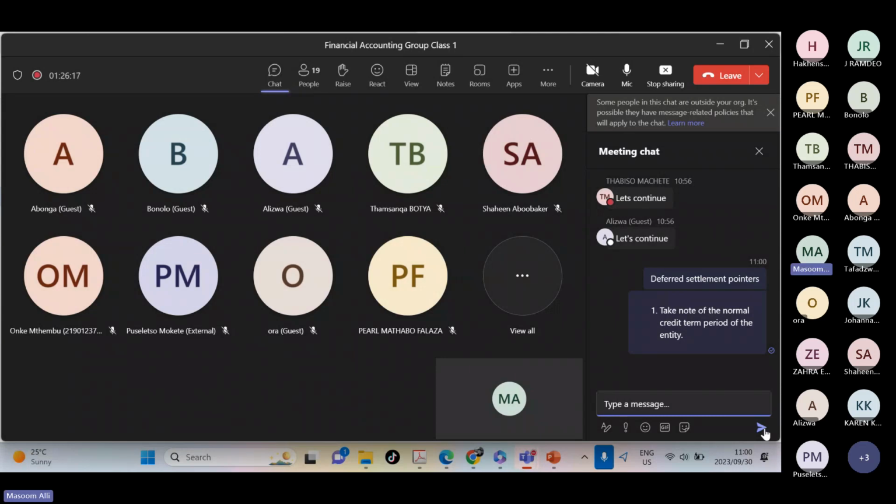So they will tell you the normal credit term is 3 months, but we're only going to pay after 9 months. So let's say we have a situation like that. We're paying them only after 9 months, but our normal credit term is 3 months. What is considered to be abnormal for the purposes of our calculation? 6 months or 9 months?